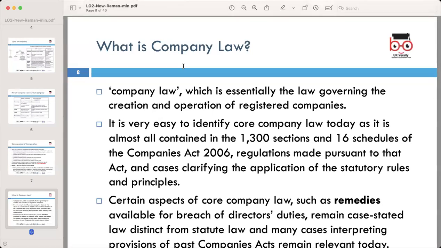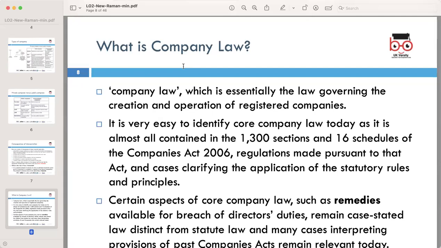Okay, so the definition of company law is presented as the legal framework governing the creation and operation of registered companies. So the focal point is the Companies Act 2006, which comprises numerous sections and schedules. The nature of company law, its statutory basis and certain aspects remaining as case law are highlighted.